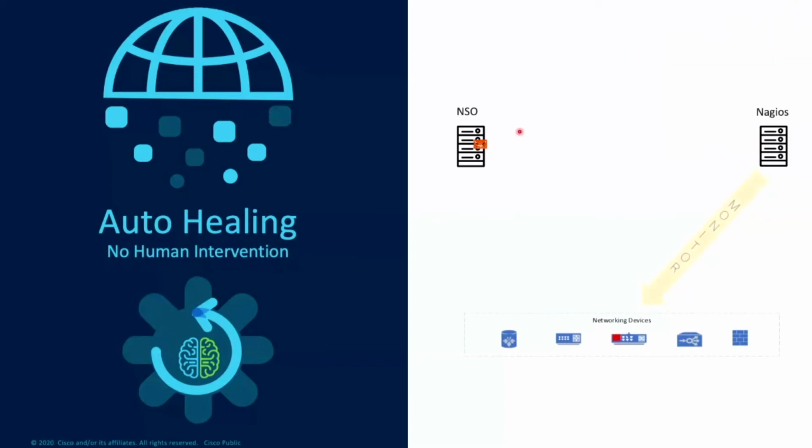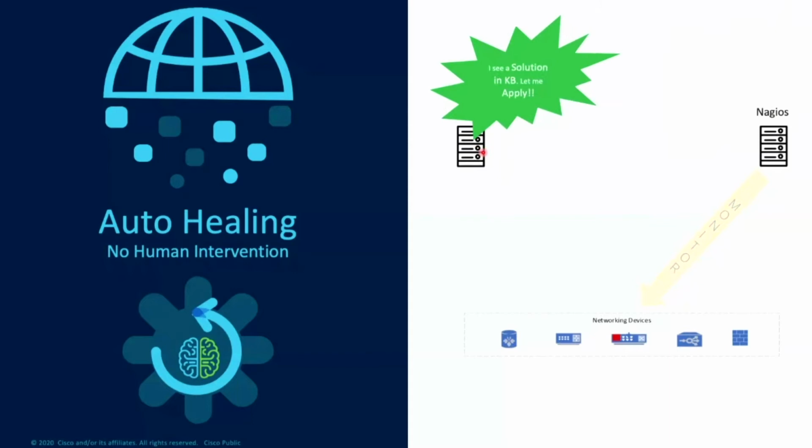So NSO, upon receiving this notification, first checks, as we discussed in the last slide, whether that particular device is being managed by the AutoHeal solution. If it's being managed, then it looks at the event category and the event category type, and using that, it determines what solution it can apply to the device that sent out the event, so that it will come back to normal.